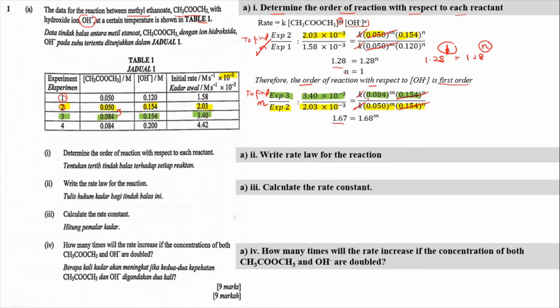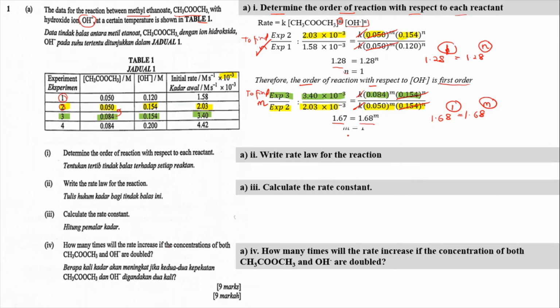And if you divide 0.084 divided by 0.050, what you're going to get is 1.68. So they are very close to each other. So similarly, you can say that 1.68 to the power of 1 is the same as 1.68 to the power of m. So m is equal to 1.